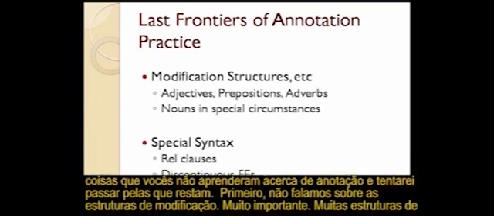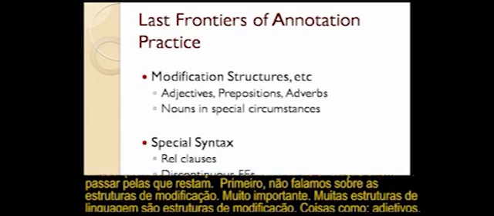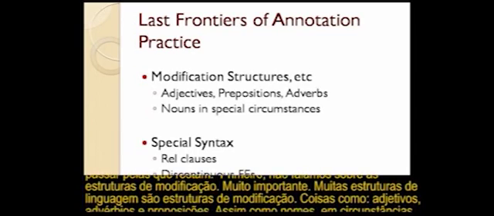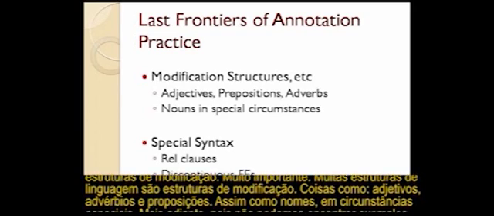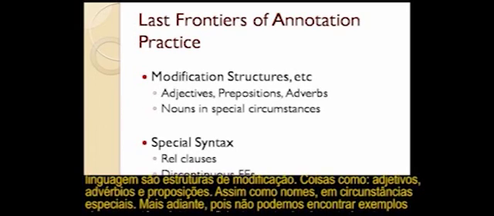First of all, we haven't talked about modification structures at all. That's pretty important. A lot of the structure in language is modification structures, especially things like adjectives, prepositions, and adverbs. And also you have nouns in special circumstances.